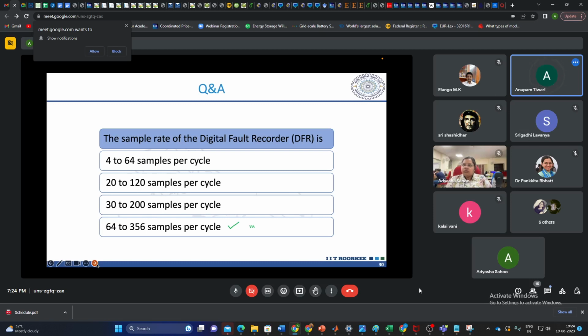Sir, that's why we follow standardization for each and every category while designing and monitoring; we have certain standards like IEEE and IEC. Standards will only give the range, say 64 to 256. But my question is, two DFRs, one set up at 100 samples and another at 200 samples.